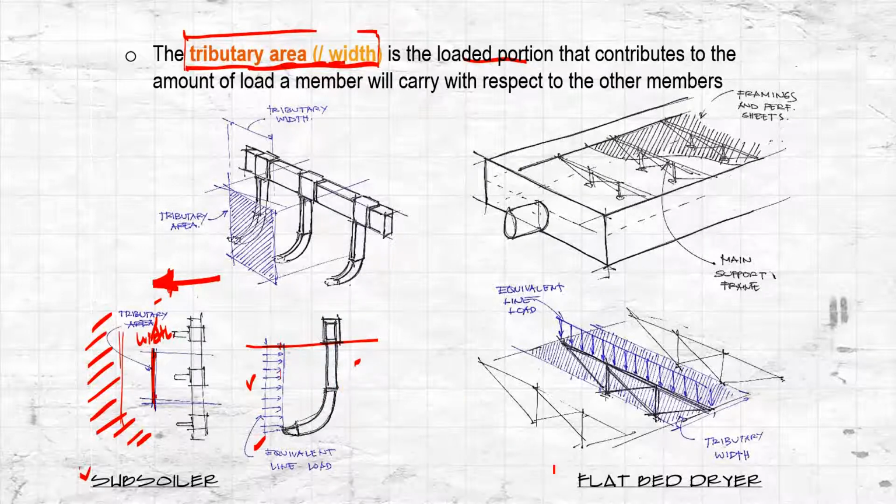Another example is the flatbed dryer. By the way, this flatbed dryer is found in processing operations. After harvesting, the moisture content of the grain is still high.